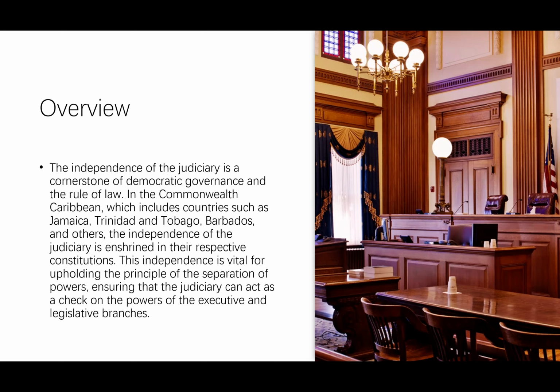If the payment and the appointment were done by the legislature, there would be less separation of powers, because one branch would be completely controlling another. But the branches are independent of each other, especially the judiciary, which is the most important. So we'll look at that.